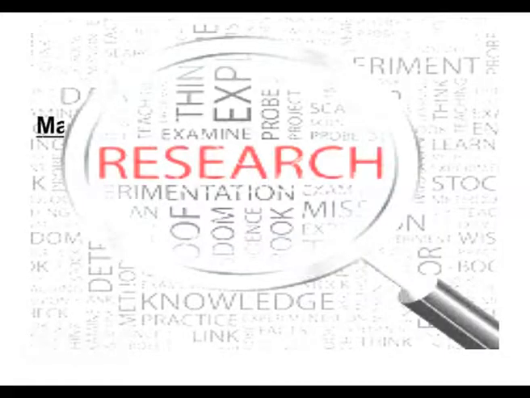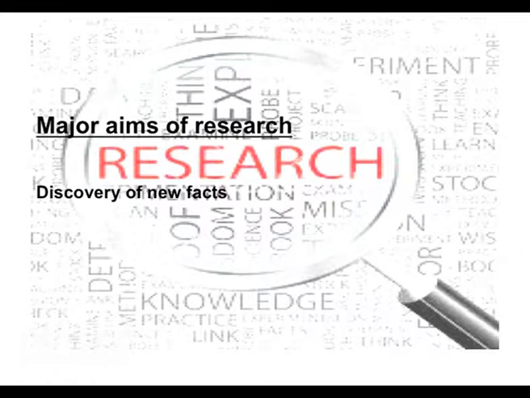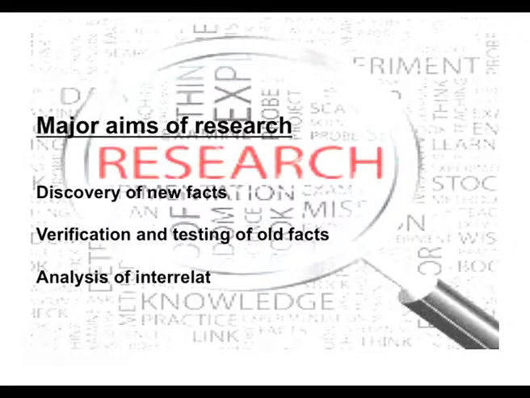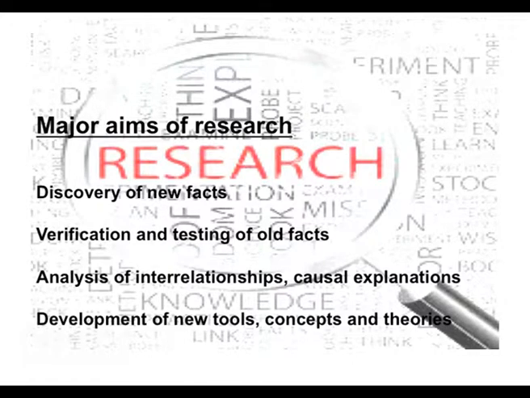This exhaustive and all-inclusive definition specifies all the major aims of research, such as discovery of new facts, verification and testing of old facts, analysis of interrelationships and causal explanations, and development of new tools, concepts and theories.